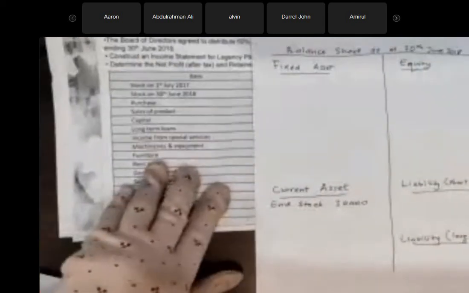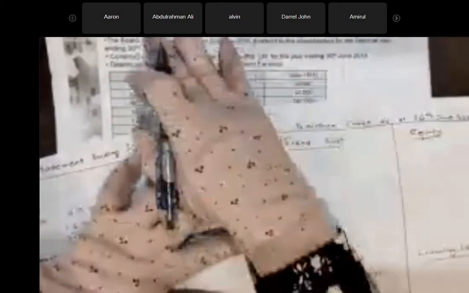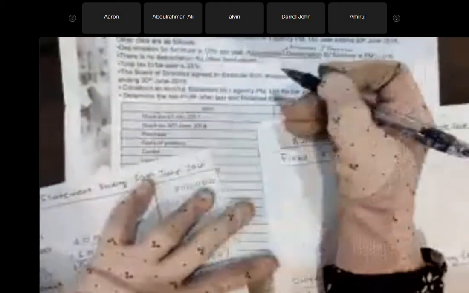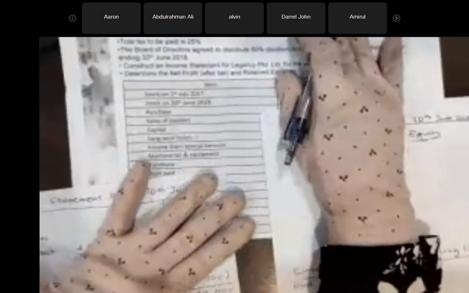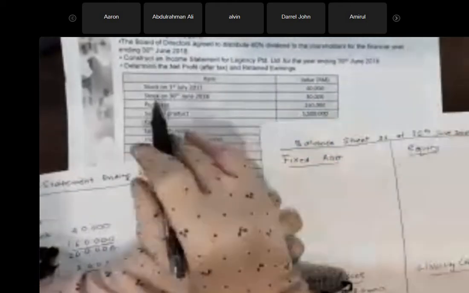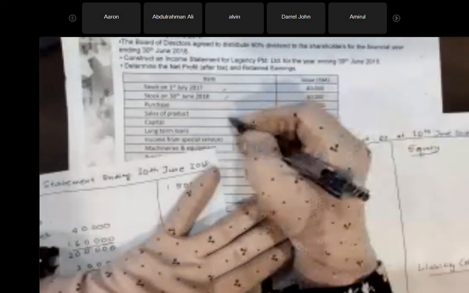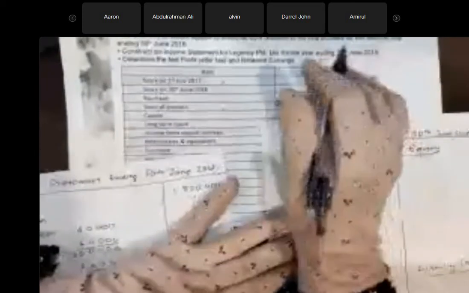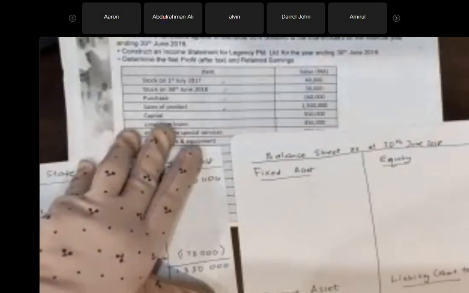Okay, now start. Tinggal dulu yang additional statement ni, just leave it. Okay, now go to this statement in the table. Okay, stock. We have done this one. Okay, purchase have done. Sales have done. Okay, capital. Where should we put the capital?